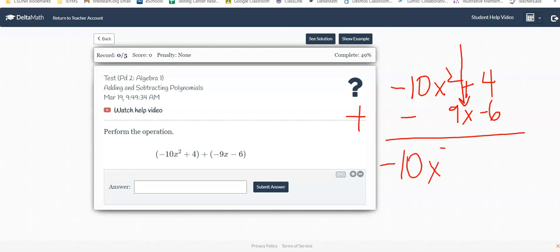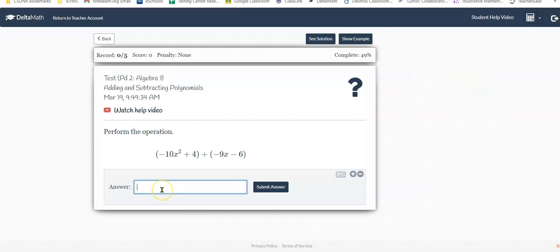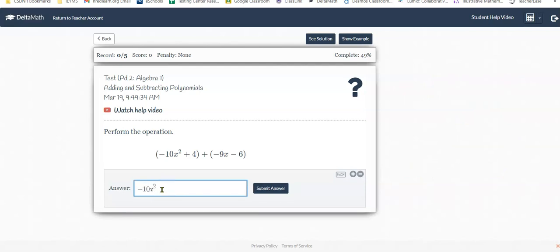So negative 10x squared plus minus 9x, because it's a minus 9x, I'm sorry, not 6, minus 2. 4 and minus 6 is negative 2.